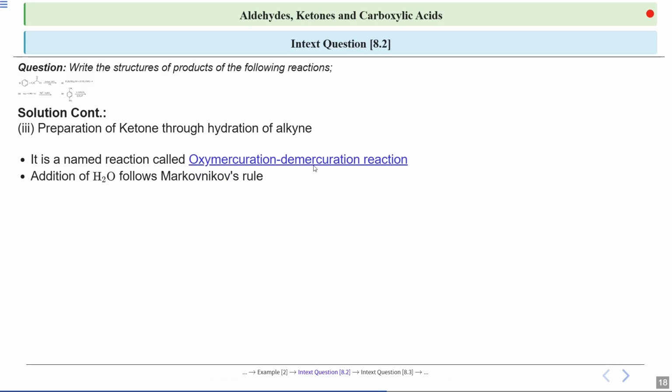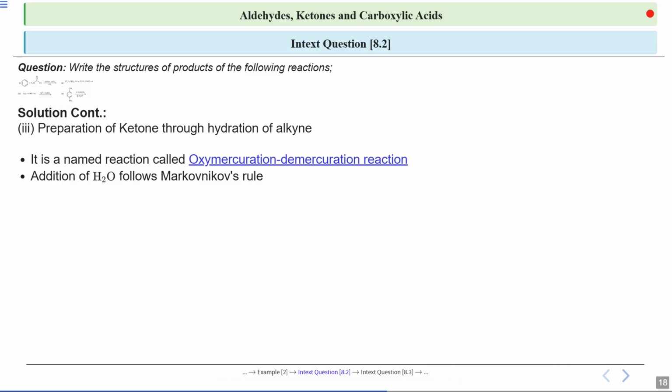Now what happens in this reaction? In the hydration reaction, you add H2O, and the addition of H2O follows Markovnikov's rule. Now what does this rule say? This rule says that the hydroxyl or OH group attaches to the more substituted carbon of the double bond.